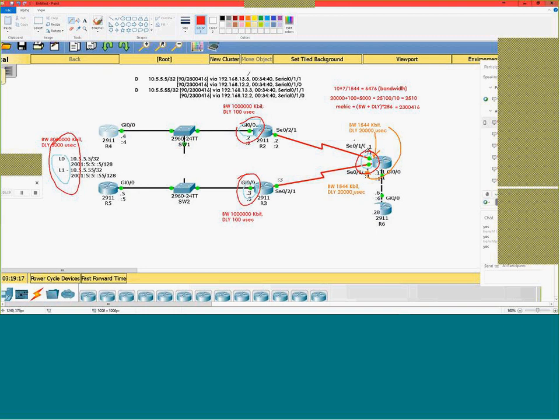Here's what I'm going to do though, because I want to accomplish two things. I'm going to manipulate the values on the gig interfaces. The reason why I'm going to manipulate the values on the gig as opposed to the serial is because if I modify the serial values, I'm only affecting the feasible distance.